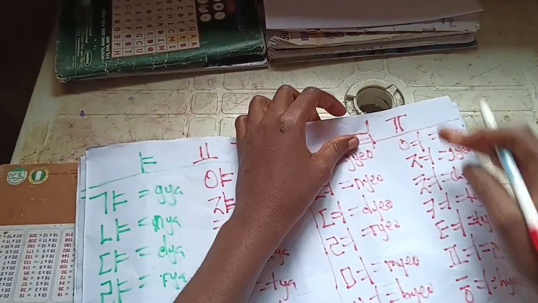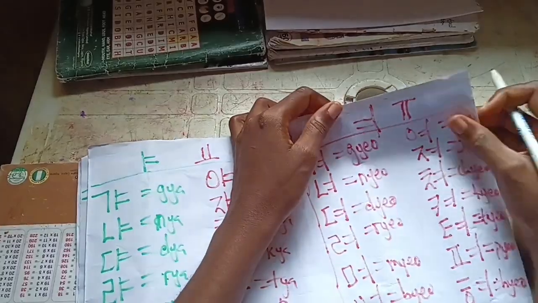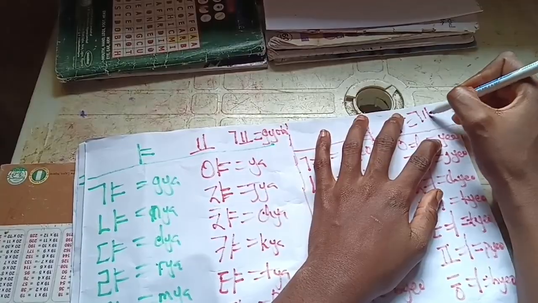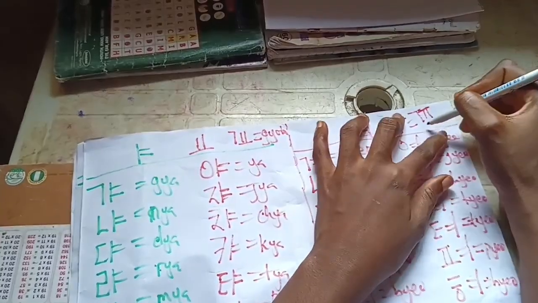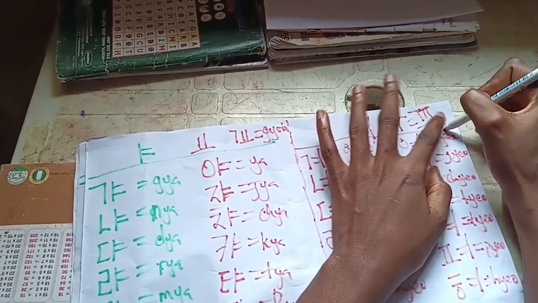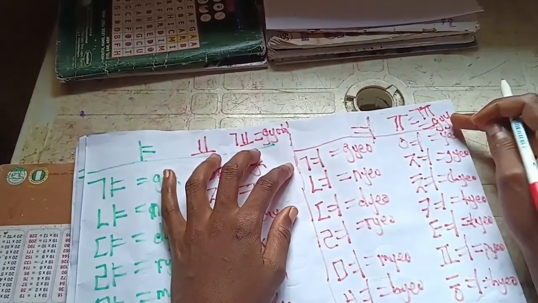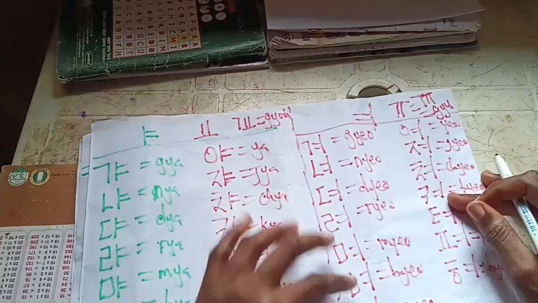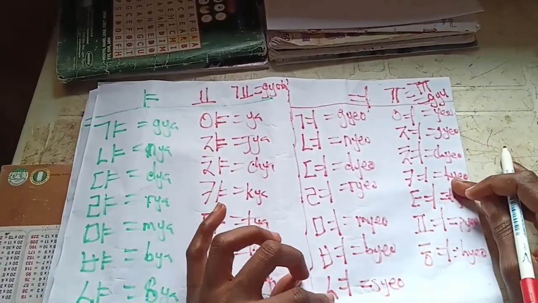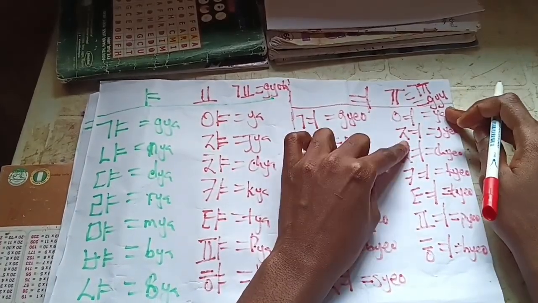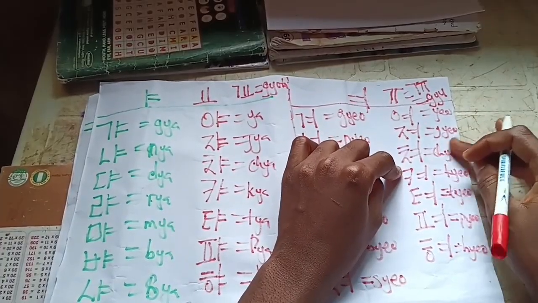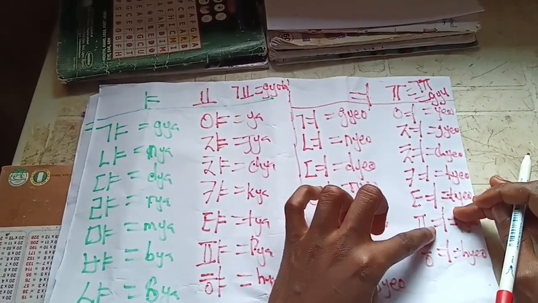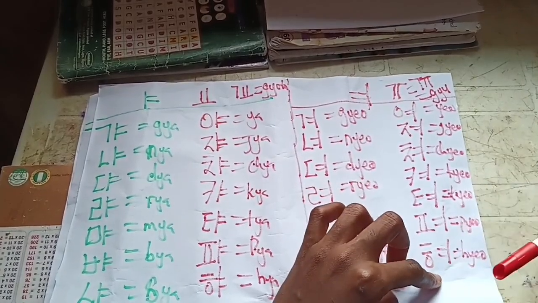Same thing for this. It is the U vowel, right? So you basically just go G, Y, U, so it's gyu, nyu, dyu, ryu, myu, byu, syu, yu, ju, chu, kyu, tyu, pyu, hyu.